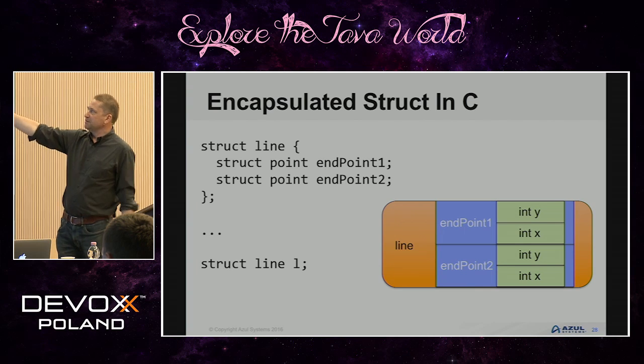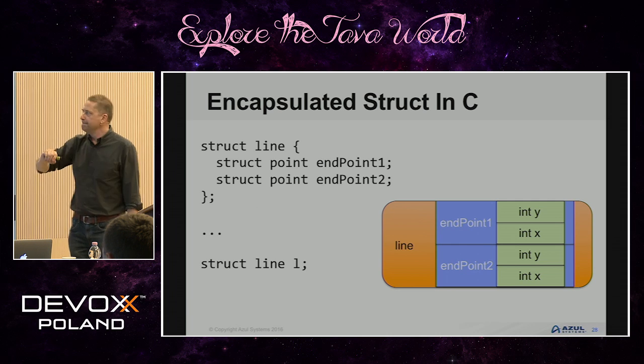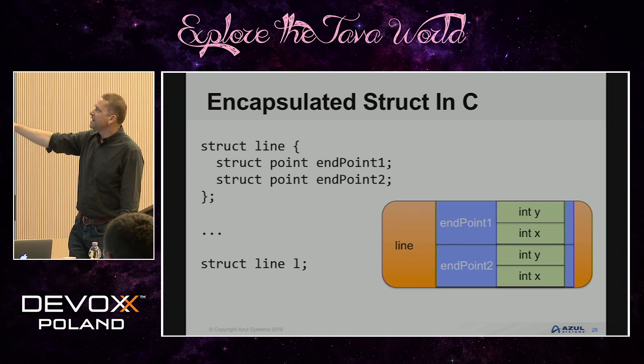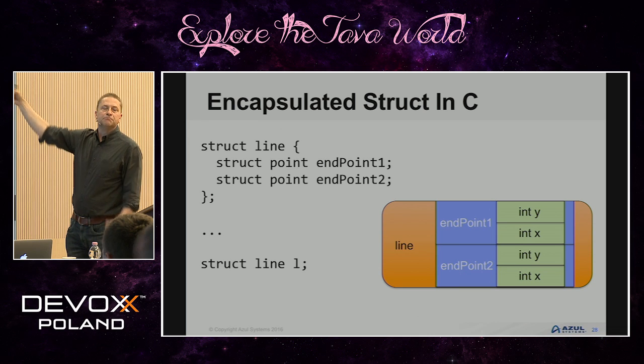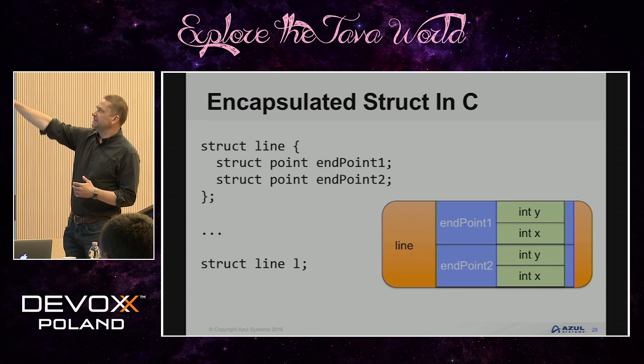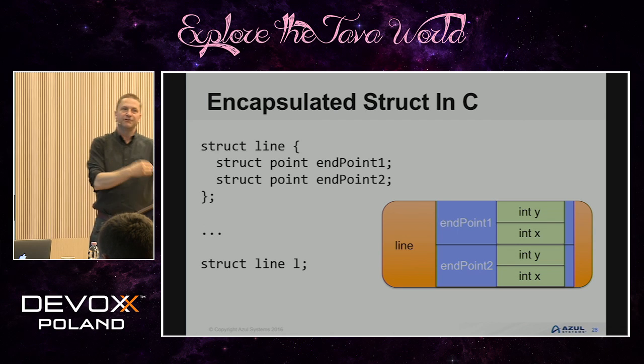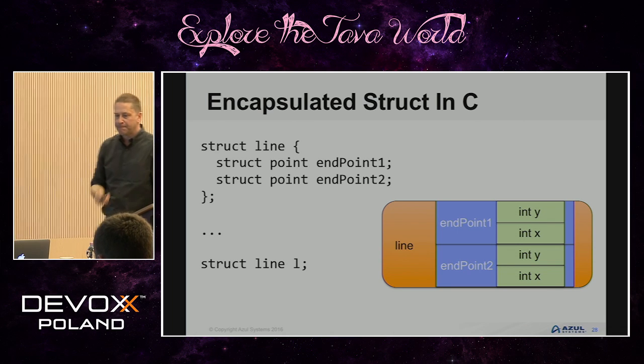And each of those structs is a point, and a point in this case will have two values, int x, int y. So same as we've seen before. And in terms of the memory layout, we'll just have four values, contiguous in memory, x, y, x, y. Those will be treated as if they are two endpoints and treated as if they were a single line. So all it is is just having those values contiguous in memory.